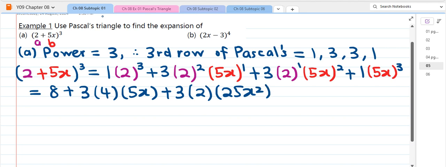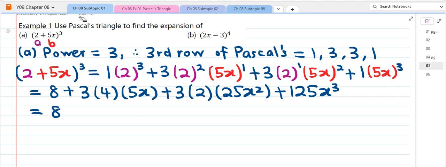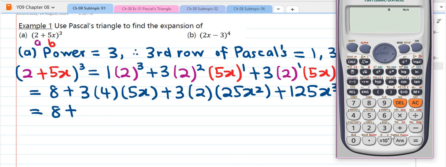Alright? And for the last term, 5x to the power of 3 will be 125x cubed. So here you will have to do last multiplication to get the whole expansion, which is 8 plus 3 times 4 times 5 is going to be 60, right?